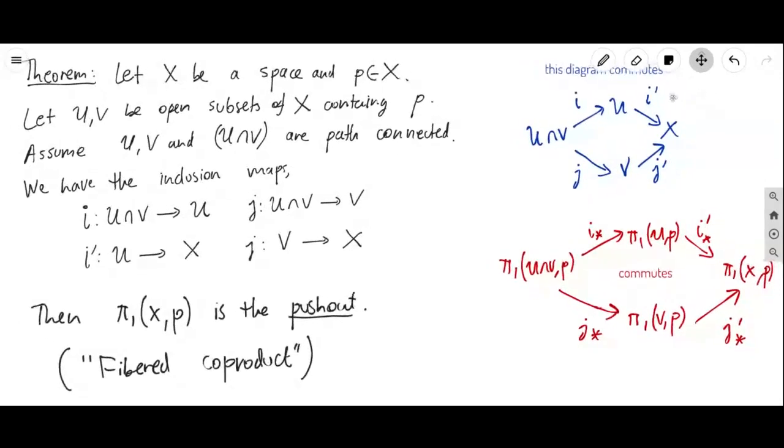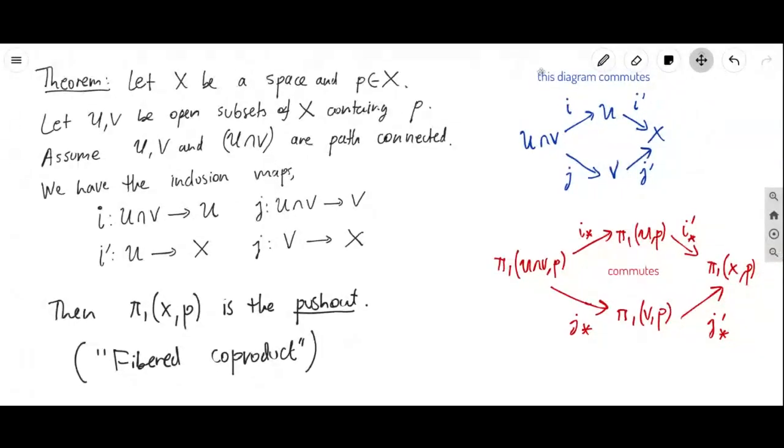This is not the way it was originally stated. I believe the original treatment of this theorem explained how to express this group using generators and relations. The original statement said that if you knew the generators and relations for all of those groups, you could get the group presentation for this one.